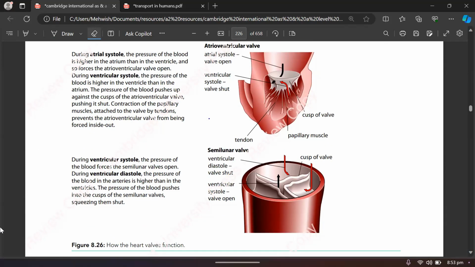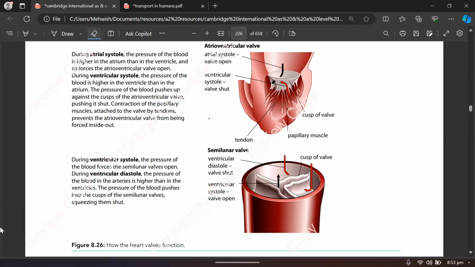And here, how the ventricular valves are opening because of the atrial systole, and how the ventricular diastole is taking place, how the ventricular contraction is causing the valves to open and close.